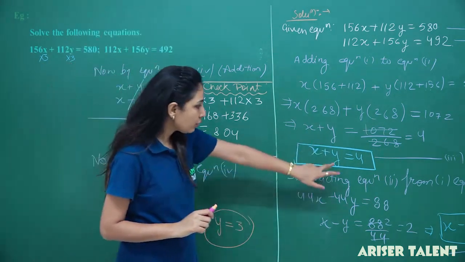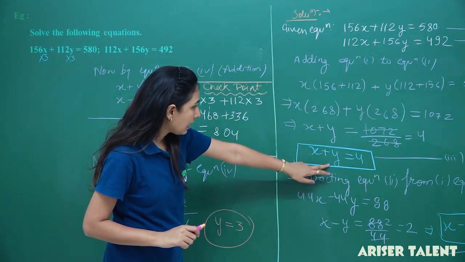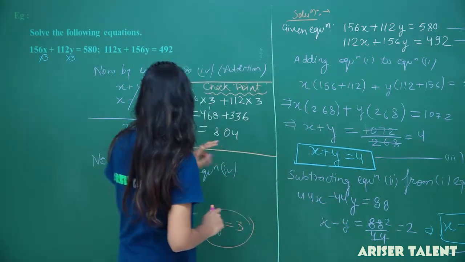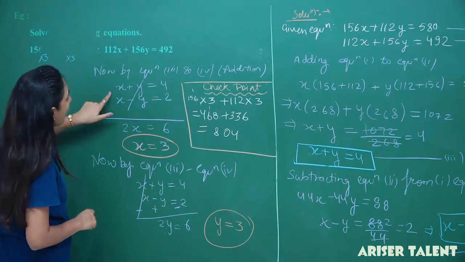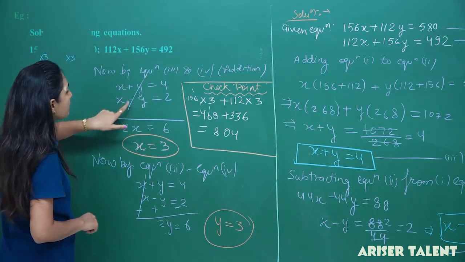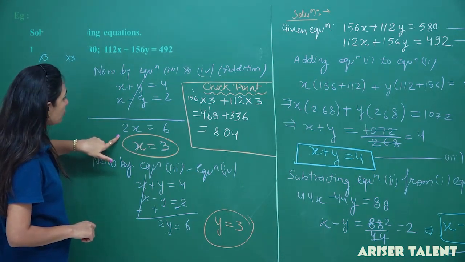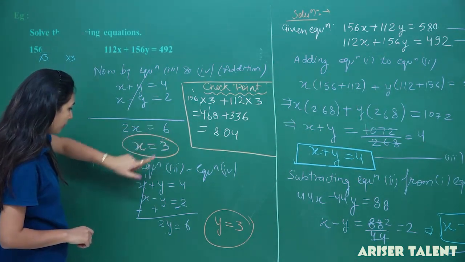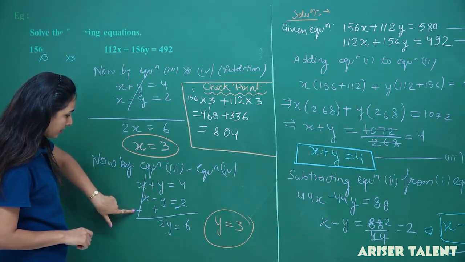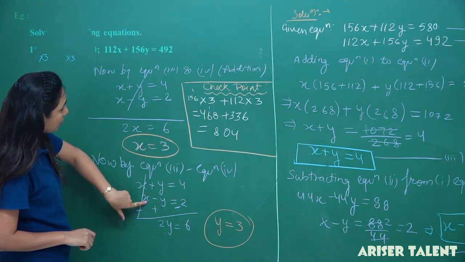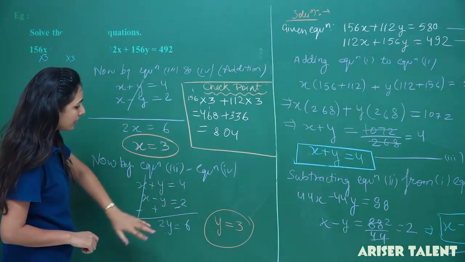So that was 4, right? And that was 2. So what we have done here: x plus y equals to 4, x minus y equals to 2, y cut. So that will be 2x equals to 6. Now what we have done? We have subtracted, 2y equals to 6.